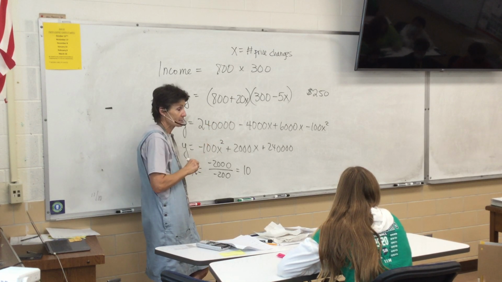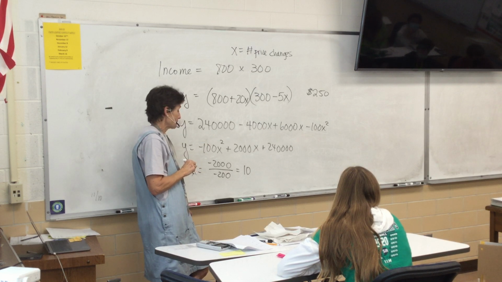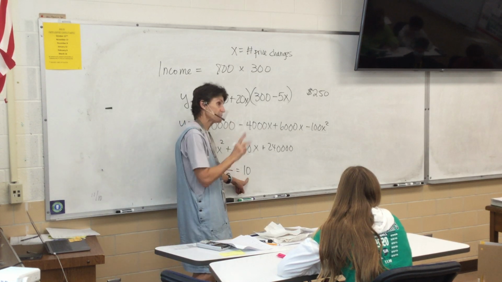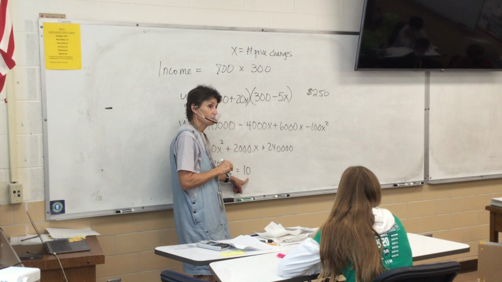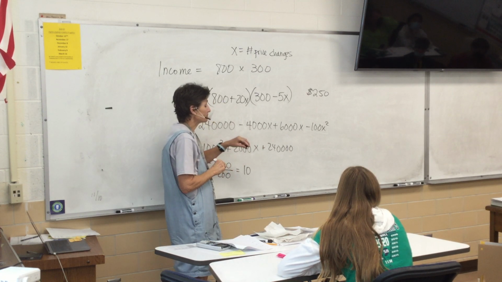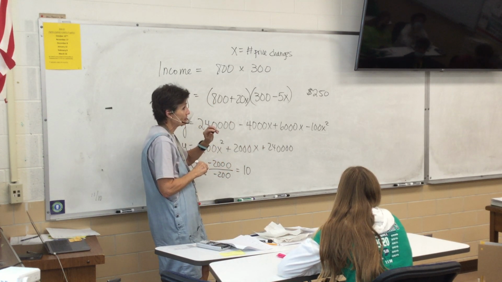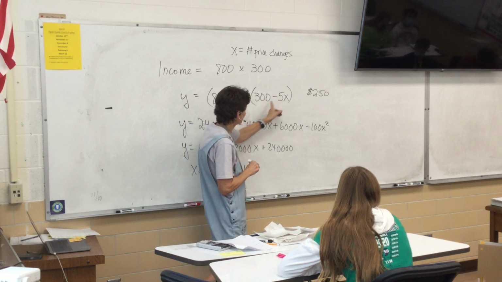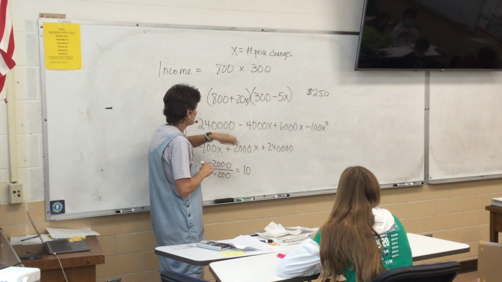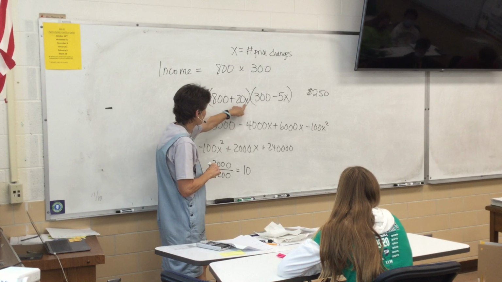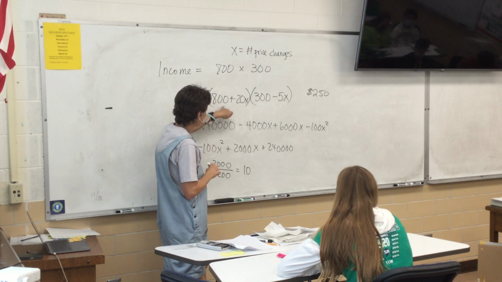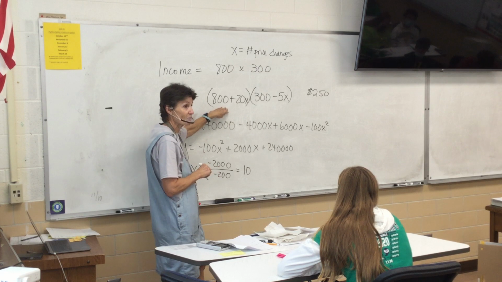That's going to give you the maximum income. So we found our vertex, or at least our x coordinate. Said, okay, that's 10 price changes. That's $50 off of 300. Now, if I put 10 in here, I'm going to get 800 plus 200. That's going to give me 1,000.